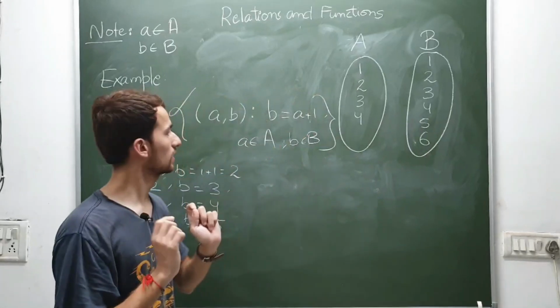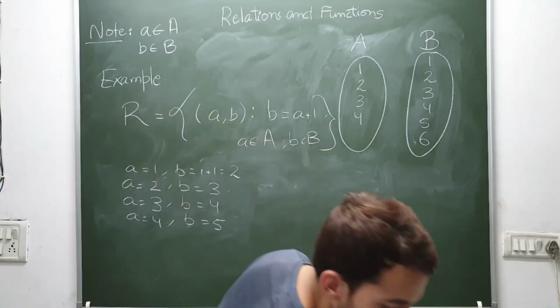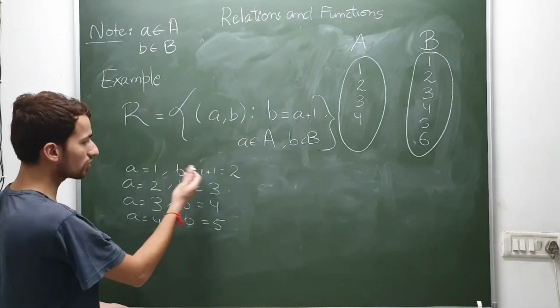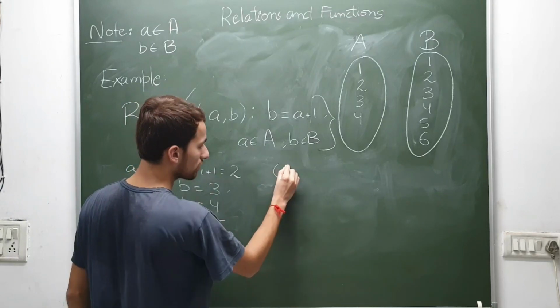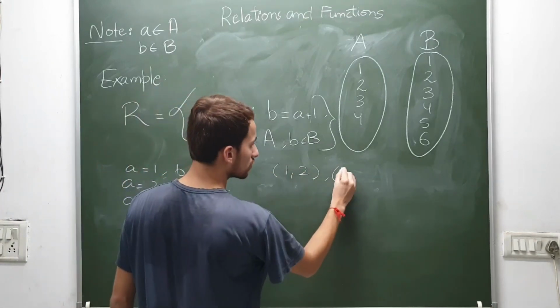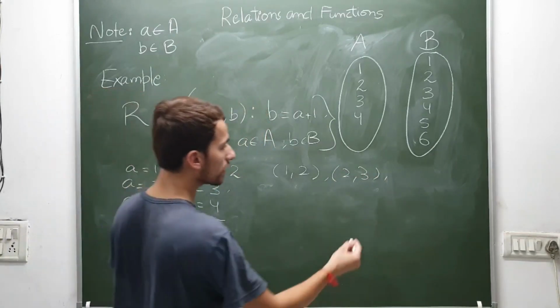So if I now collect all these elements in the form of ordered pairs, what do we get? We get 1, 2, 2, 3, 3, 4 and 4, 5 finally.